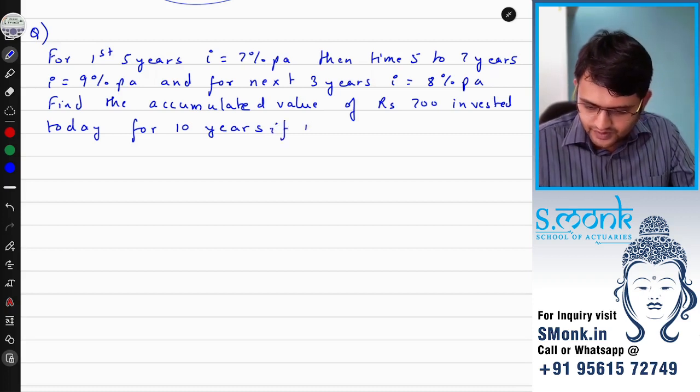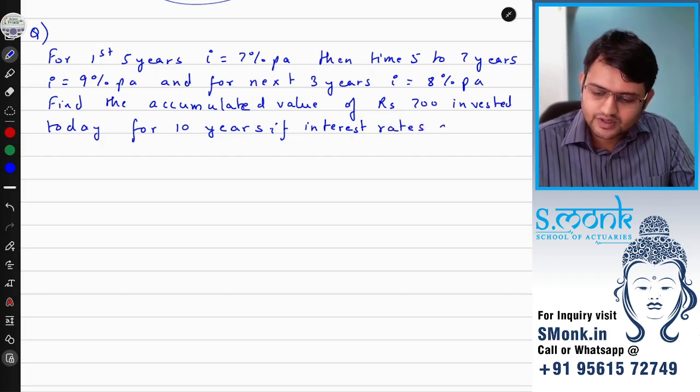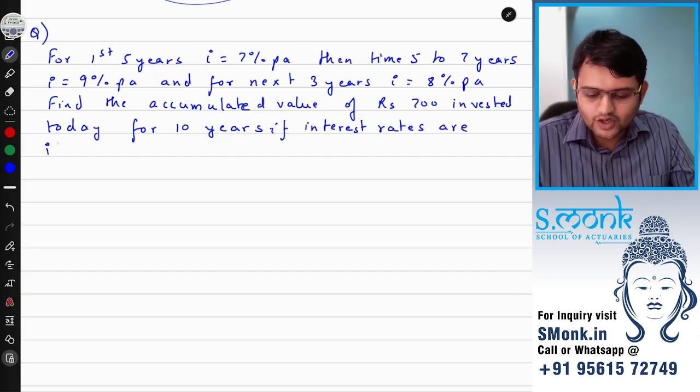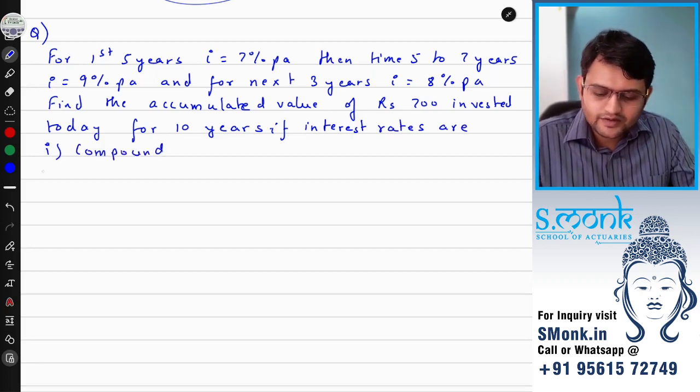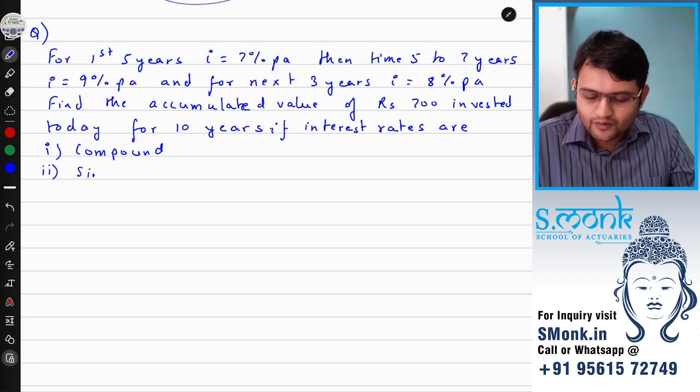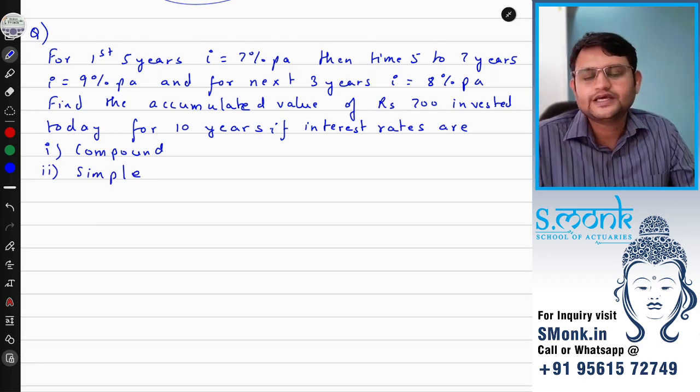If interest rates are, first I'll talk about compound and then we'll talk about simple. What if the interest rate that I'm assuming is compound?